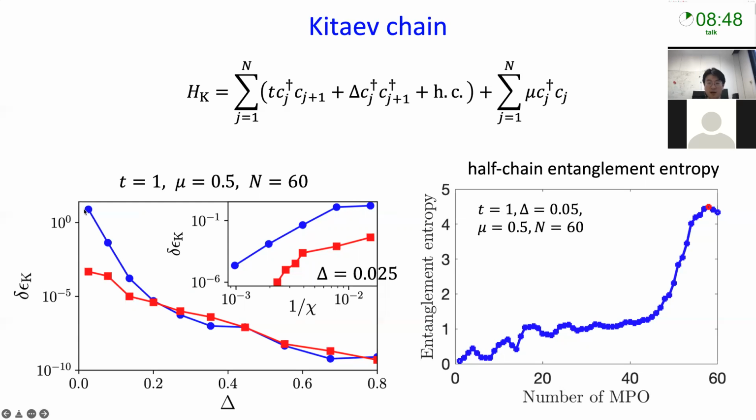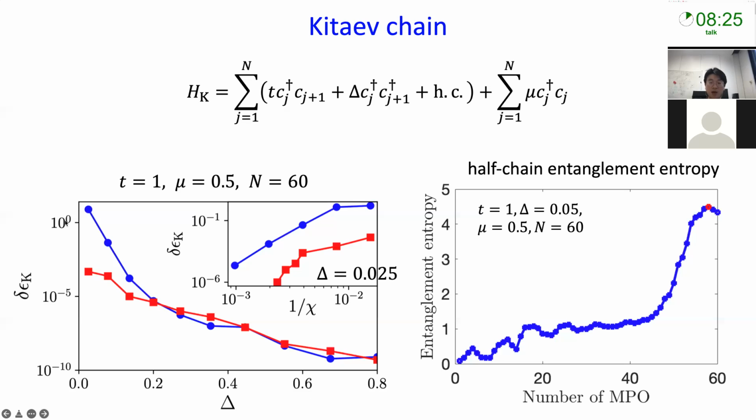Here, the blue line is for the MPO-MPS method, and the red line is the Pfaffian method. For large pairing strength delta, the energy gap is large, and in this case the entanglement entropy is very small, and both the Pfaffian and MPO-MPS methods work very well.